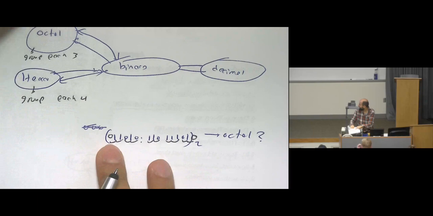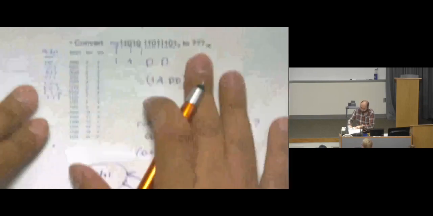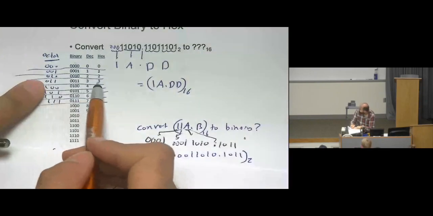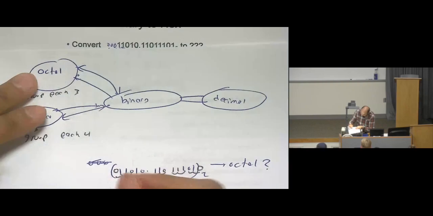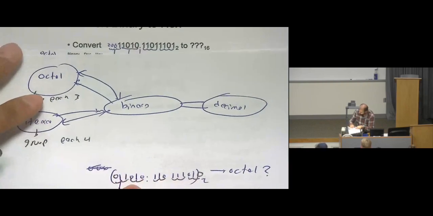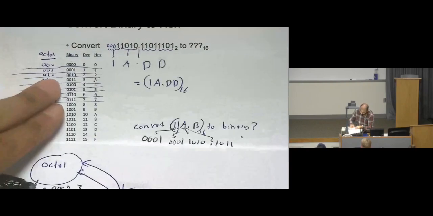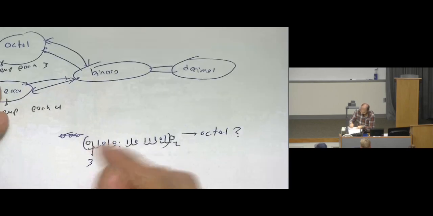So, 0, 1, 1, let's go here to the table. 0, 1, 1 is equivalent to 3. 0, 1, 0, go to the table. 0, 1, 0 is equivalent to 2.